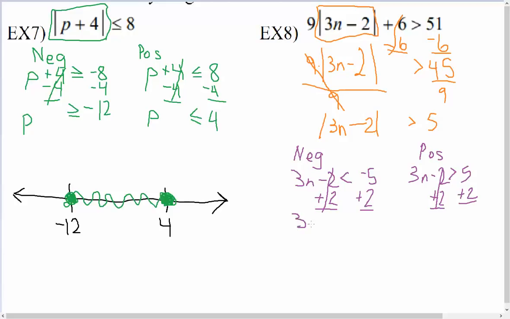So 3n is less than negative 3. 3n is greater than 7. And of course, final step, eliminate the coefficient.